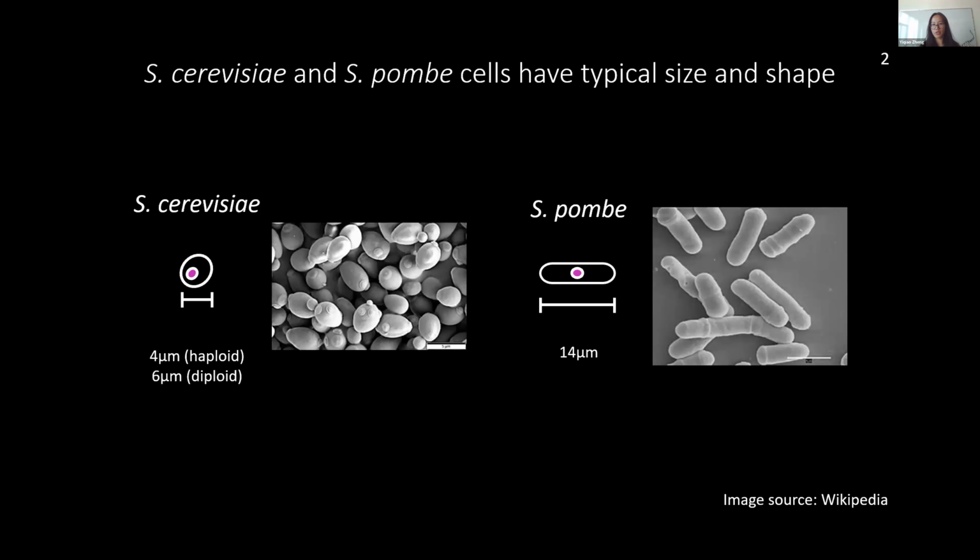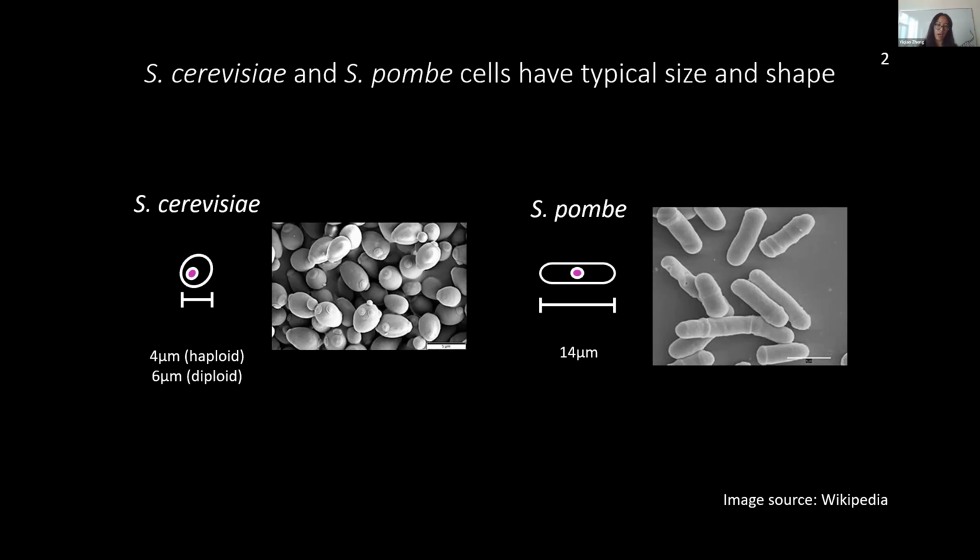To start with, I wanted to bring everyone to this background, where it has been observed for a long time that in two model yeast systems, cerevisiae and pombe, the cells have a typical size and shape, and the distribution of the cell size is quite tight.